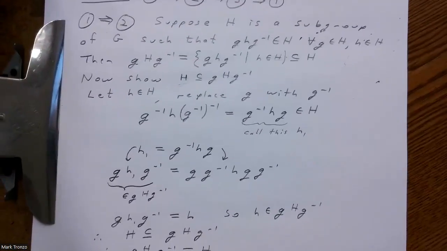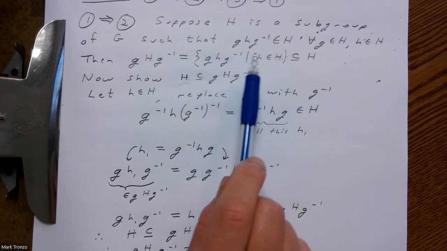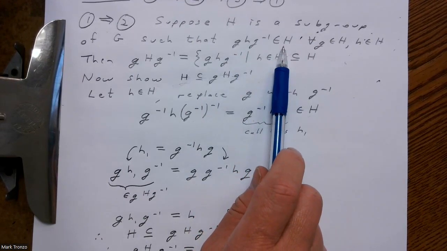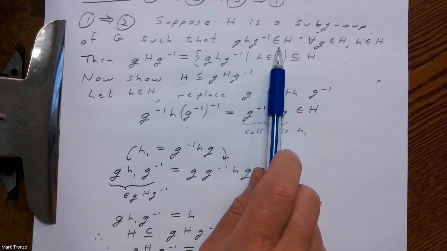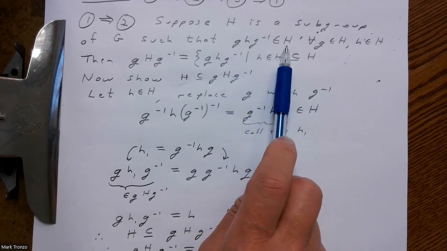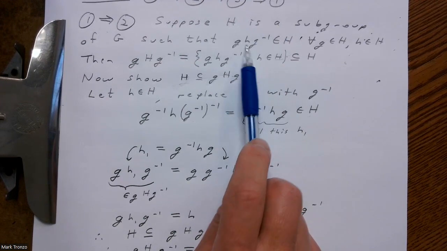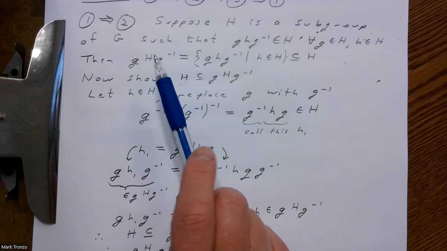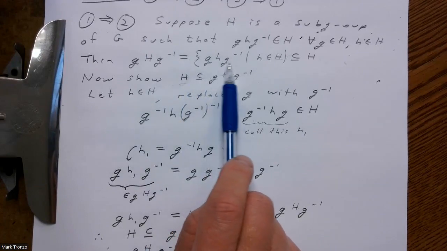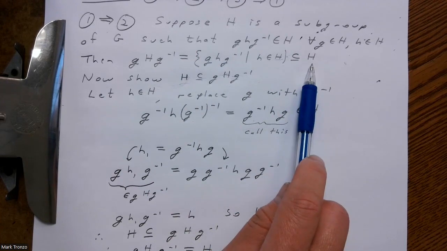So again, the idea, let me pull this back a little bit here. The idea is that we're assuming that this is true, and this h is from H. And it's from H, and then also this is a member of H. So this quantity right here is a member of H. So therefore, this right here is going to be the subset of H. So we proved that that was true this way.